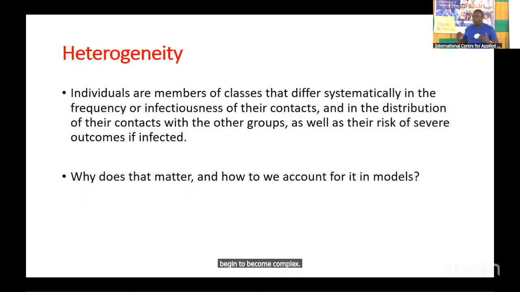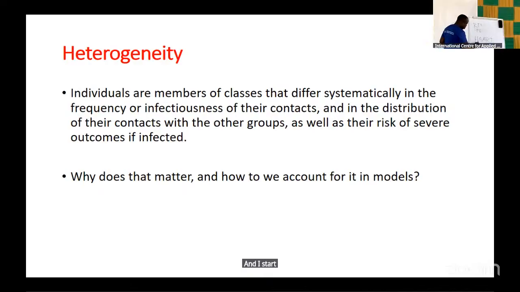We have to add some complexity, and in adding the complexity, we begin to consider what we are talking about: individual members of classes that differ systematically in the frequency of their contacts, or the infectiousness of their contacts.